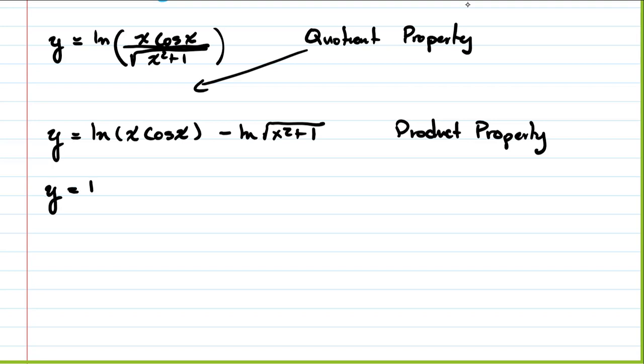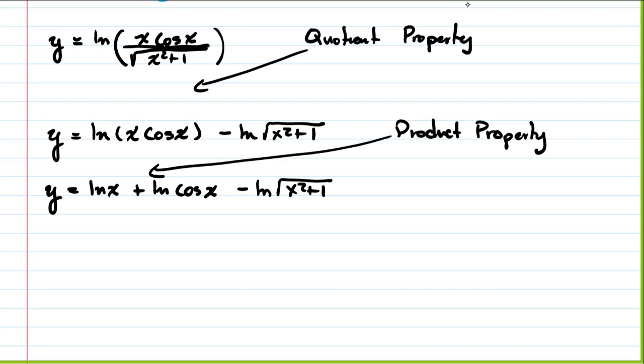So we get y equals the natural logarithm of x plus the natural logarithm of cosine x minus the natural logarithm of the square root of x squared plus 1. So that was our product property. The next thing we're going to want to use is our fractional exponent, plus the power property.